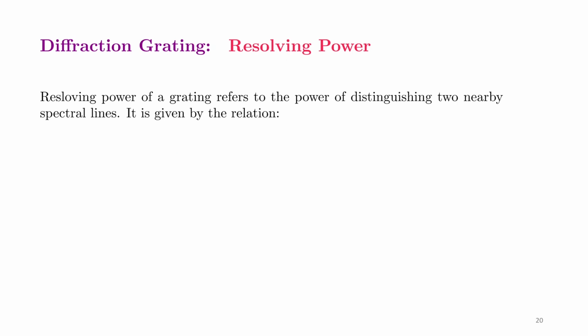The resolving power of a diffraction grating. Resolving power of a grating refers to the power of distinguishing two nearby spectral lines, and it is given by the relation R equal to lambda over delta lambda.